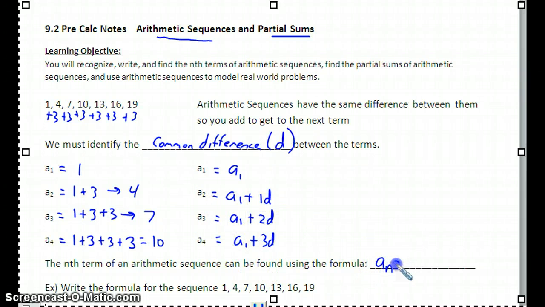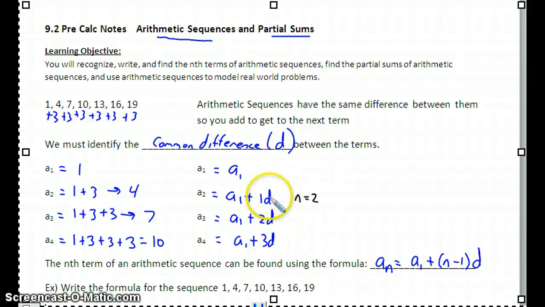The generic formula for the nth term of the sequence can be found by taking the first term of the sequence, a sub 1, and adding 1 less than the term of the sequence times the common difference. So let me tell you how I got that. Notice in a sub 2, our n value is 2, because it's the second term of our sequence, but I'm only adding 1 common difference.